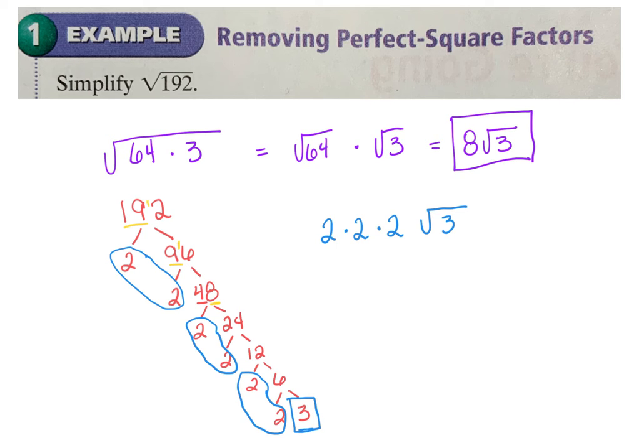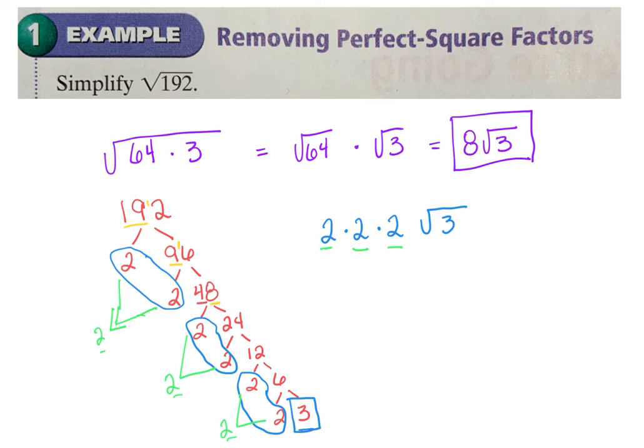So I had a group here that came out as a 2, a group here that came out as a 2, and a group here that came out as a 2. You'll notice for every 2 numbers that pair up, I take it out 1 time. So I took it out 1, 2, 3 times.